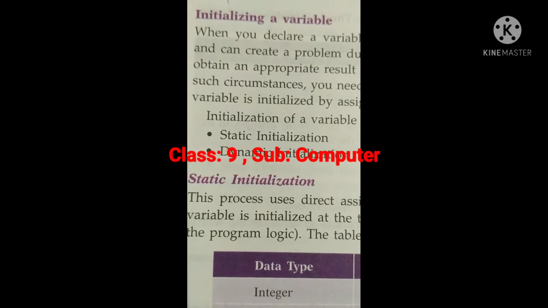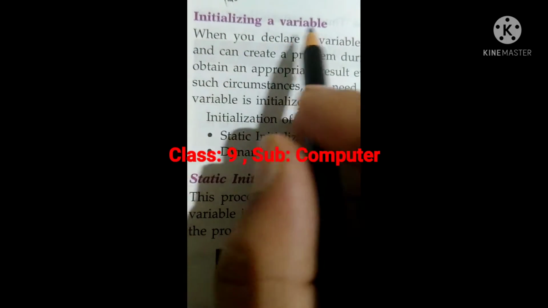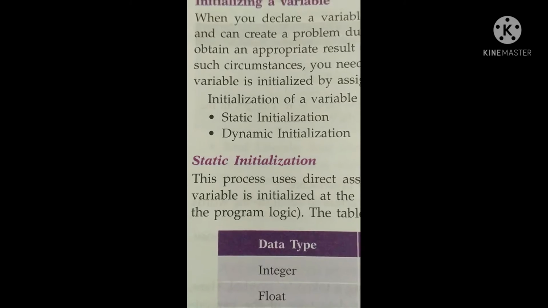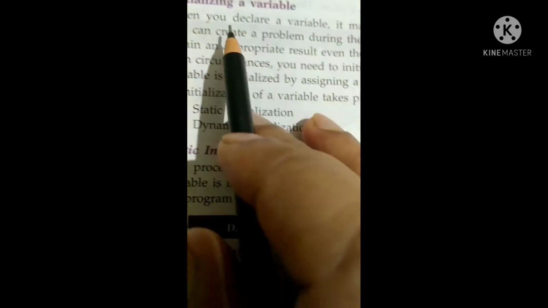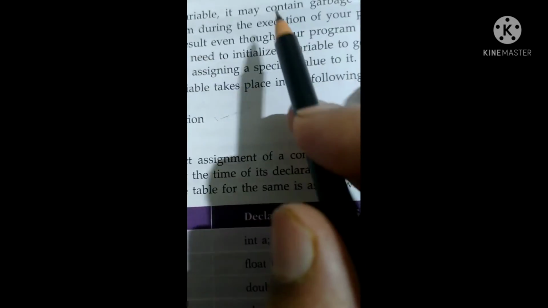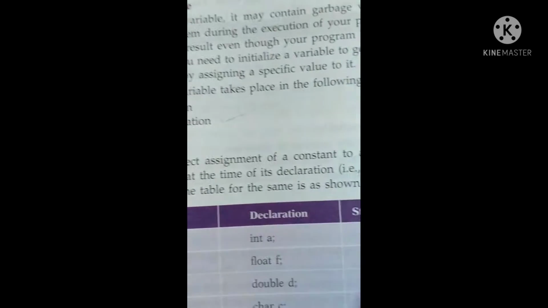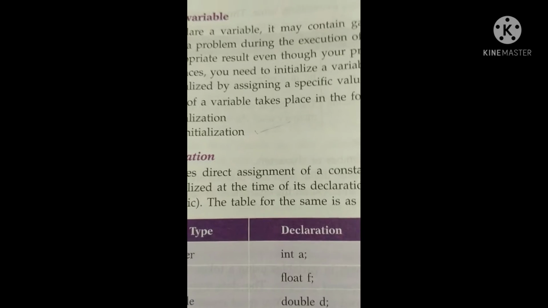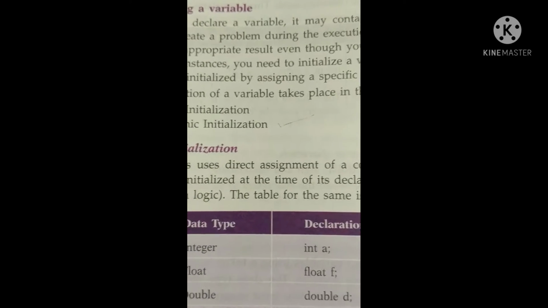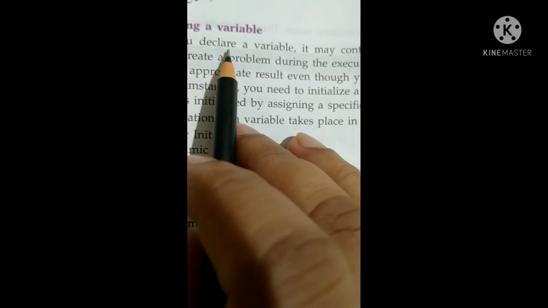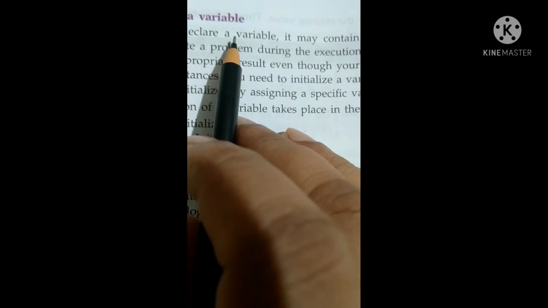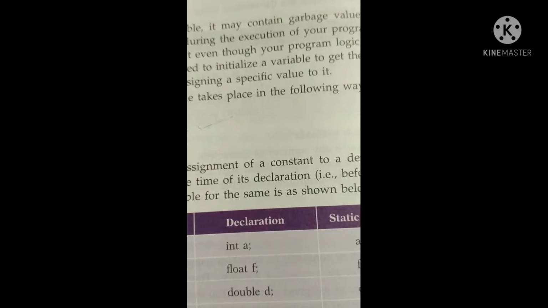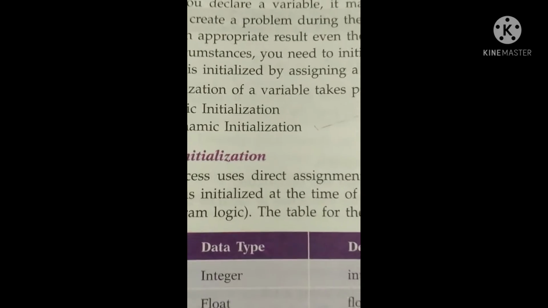Now I am explaining initializing a variable. How to initialize a variable. What our book is telling. First, when you declare a variable, it may contain garbage values. When we create a variable for the first time, for example int a, it may contain a garbage value.